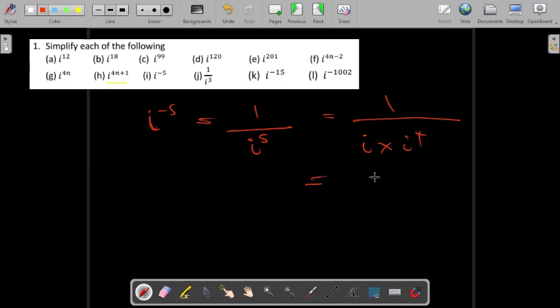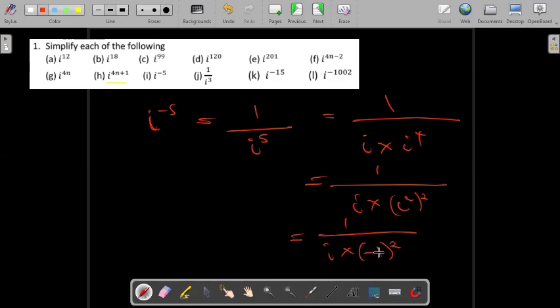And this is going to be 1 over i multiplied by i squared, then I have a square there. And this is going to be 1 over i multiplied by negative 1 squared. This here will give me positive 1, and I just get 1 over i like that. So of course 1 over i is just the same as i to the negative 1. So this is where I finish up.